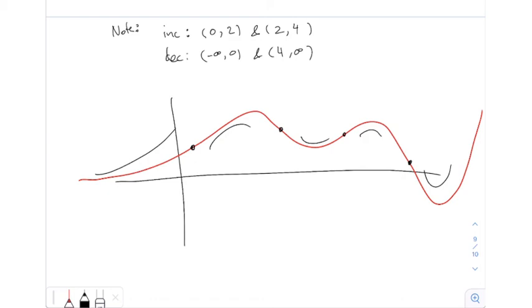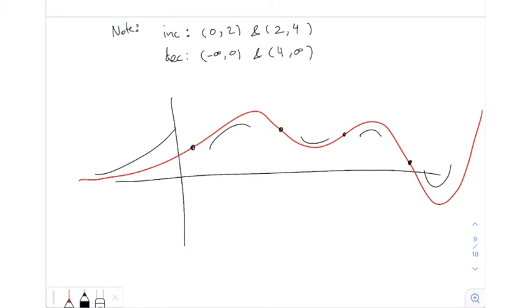Sometimes you hear people use the word inflection point in the real world to just mean when something changes. Mathematically, it is about when the concavity changes, but it's a specific kind of change in the function. All right, any questions about that?